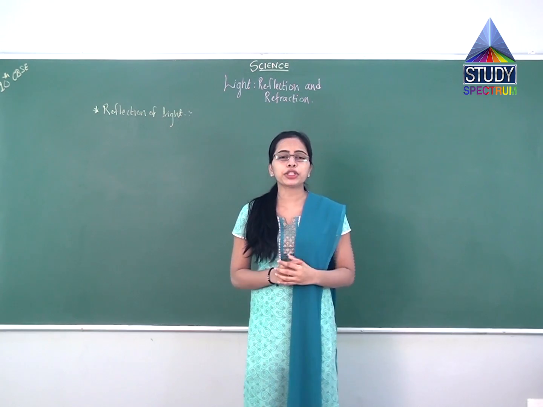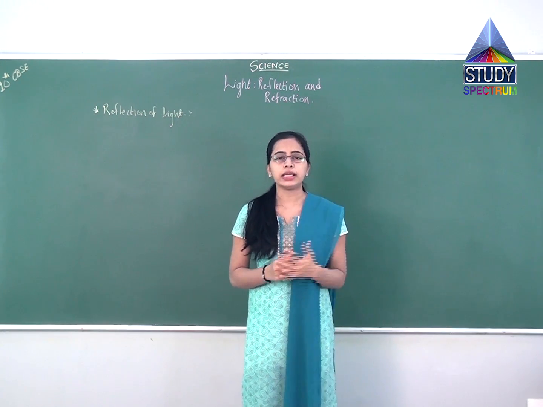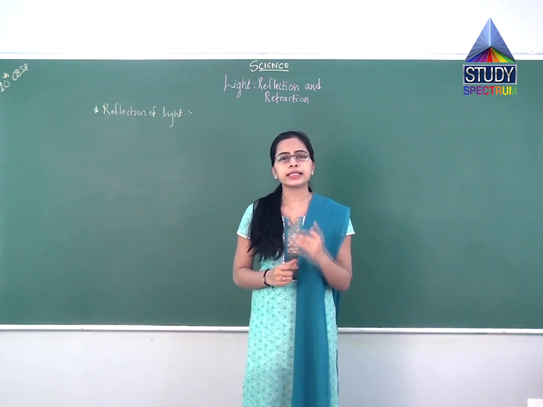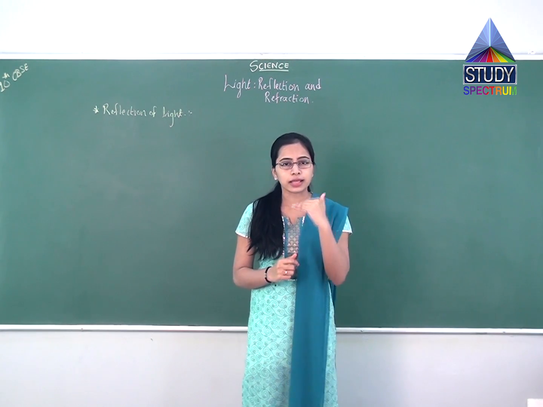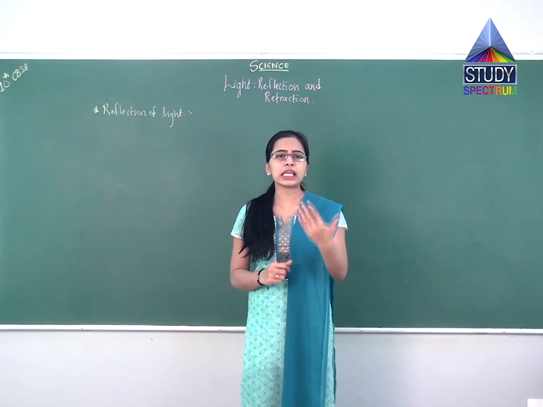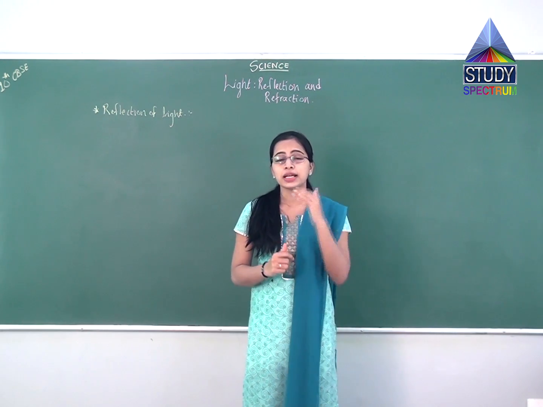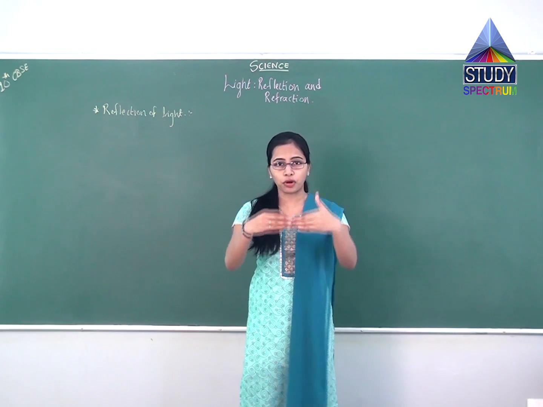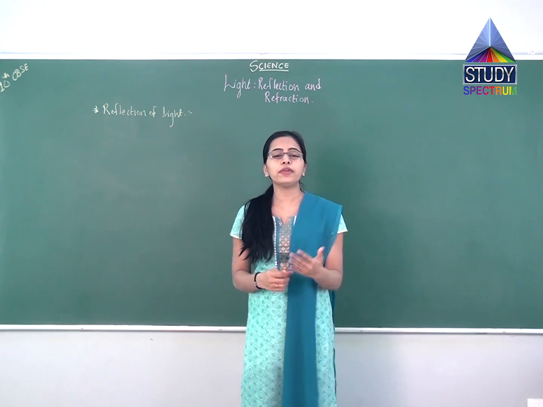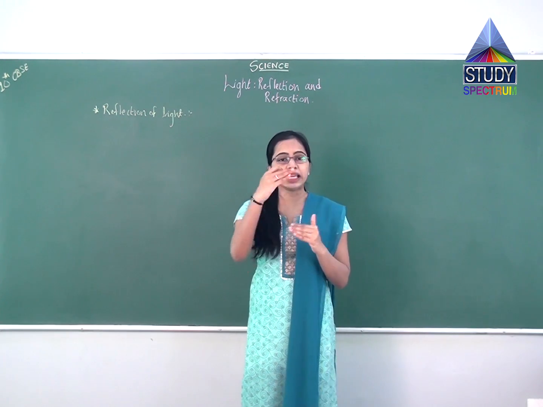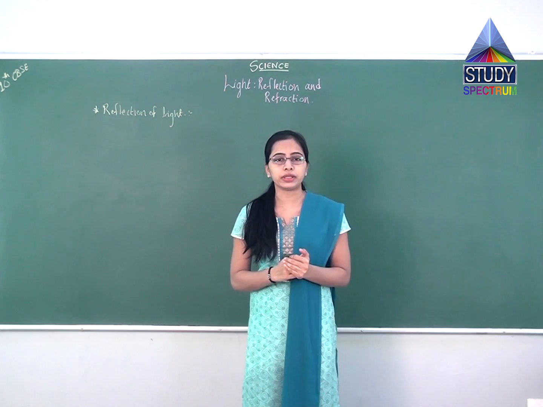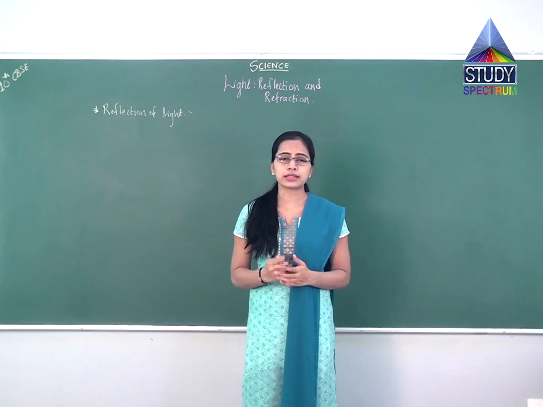So the image formed is upright. Second, the size of the object is equal to the size of the image. Third, the distance of the object from the mirror is equal to the distance of the image from the mirror. That was the next characteristic.